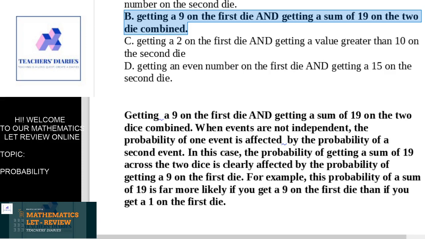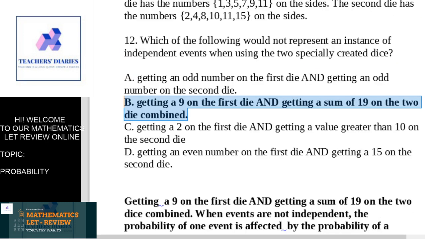For example, a sum of 19 is far more likely if you get a 9 on the first die than if you get a 1 on the first die. So the answer here is letter B, because these are not independent events.